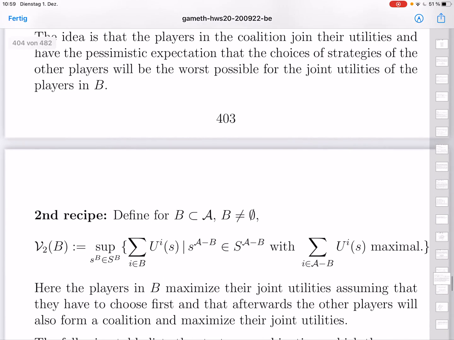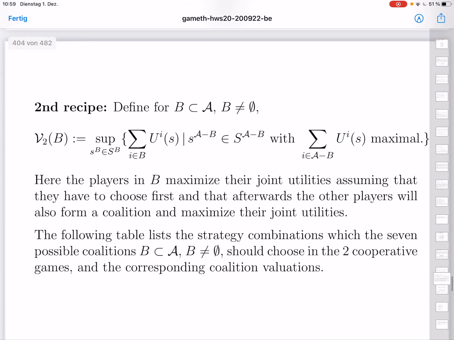So the second recipe is here. Again, the players in the coalition B have to choose first. So again, the coalition value is a sum of utilities of the players B for some strategy combination. And again, of course, the players in the subset B have to choose first, and the players in the complementary coalition A minus B choose second.